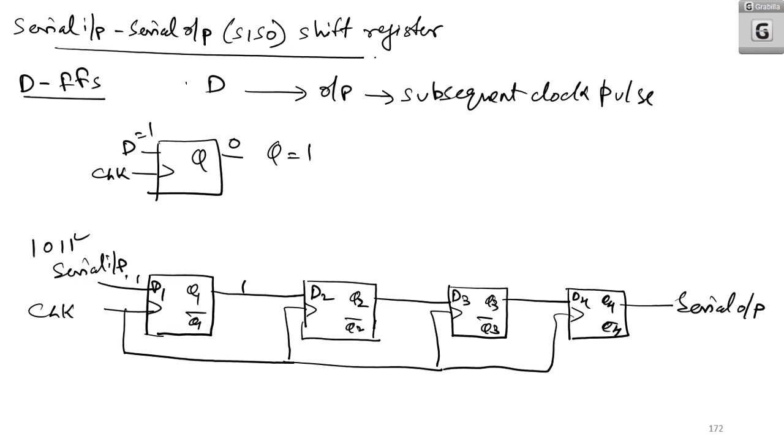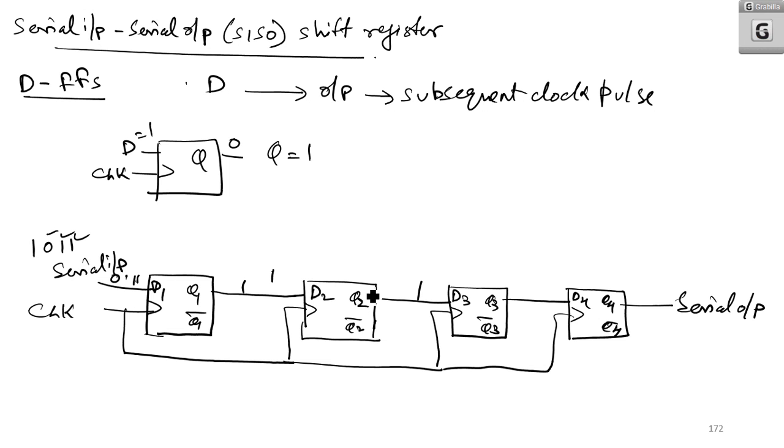Now, after the first clock pulse, this next one is coming in. So what happens in the second clock pulse? This one will be transmitted to here, and this one will come here. In the third clock pulse, this 0 is coming in.